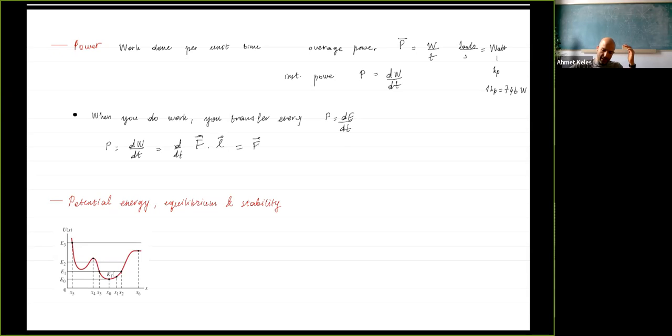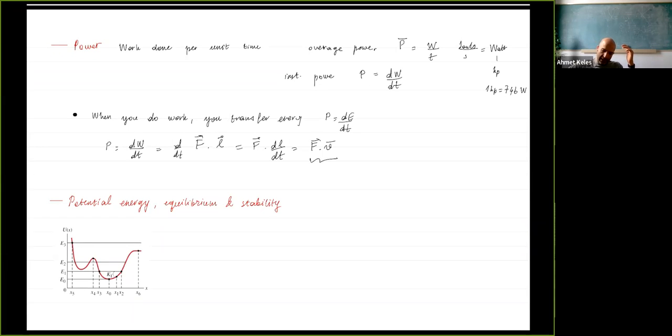This is going to be F dl/dt, but dl/dt is velocity, so it's going to be force times velocity, right? And that's your power.